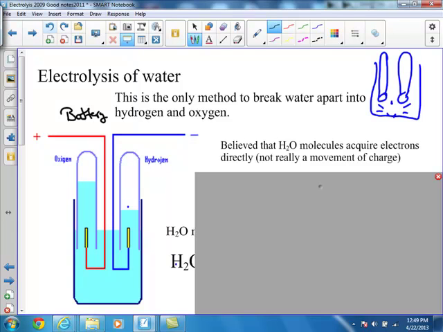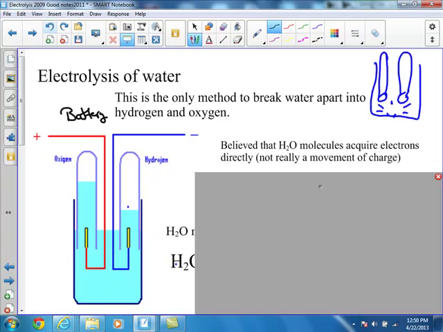This right here is a little platinum catalyst or some type of catalyst at the end of that. And the way this kind of works is this statement right here: it is believed that the water picks up electrons directly.